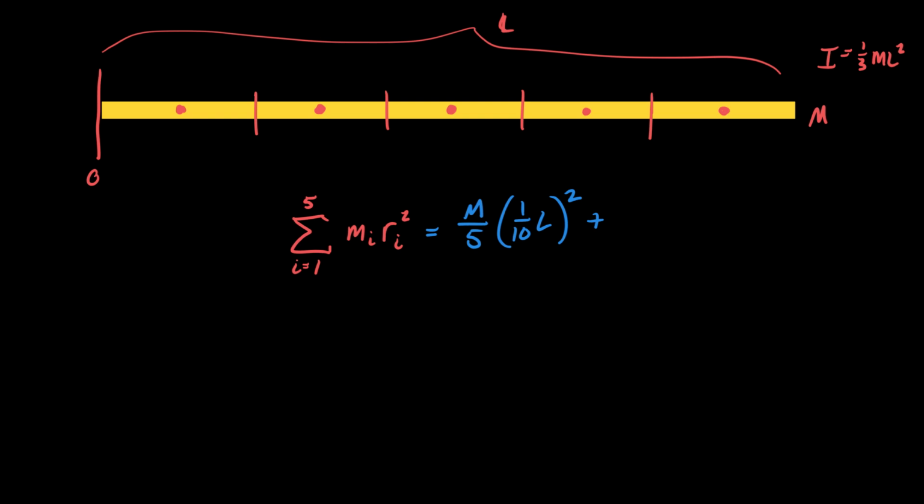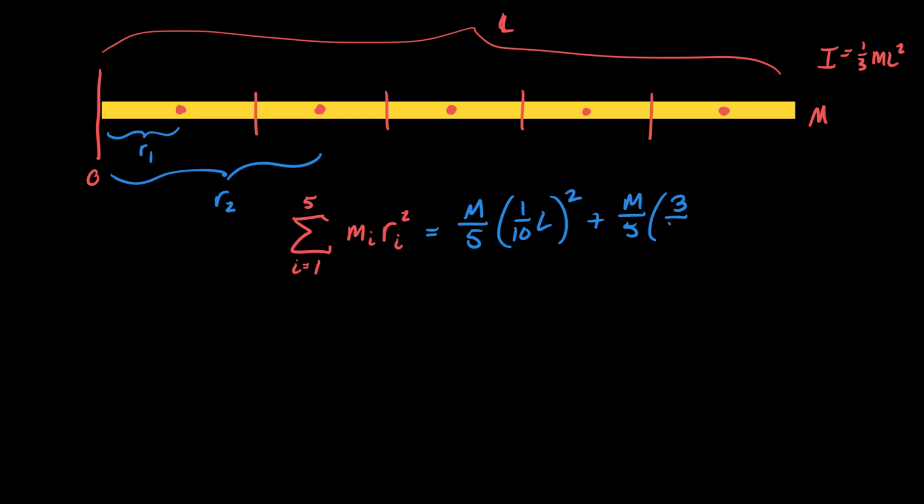So I'm going to go with M over 5 again. All right, now this was R1, but this is R2. How far away is R2 from the axis of rotation?